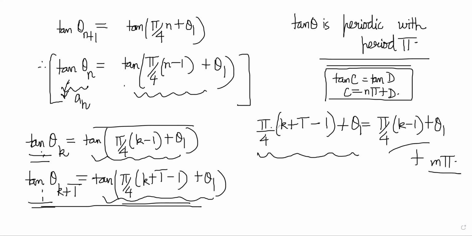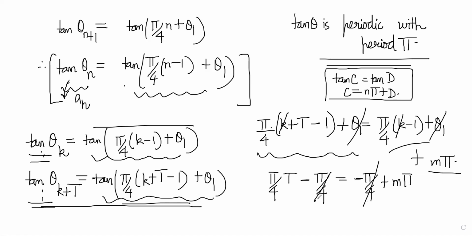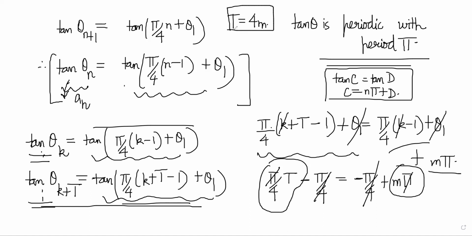Now you can see easily that pi by 4 k gets cancelled, and similarly theta 1 gets cancelled, and you are left with pi by 4 t minus pi by 4, and minus pi by 4 also gets cancelled, minus pi by 4 plus m pi, right? Minus pi by 4 gets cancelled, and from here pi by 4 t is equal to m pi, and pi can get cancelled, and you're getting t should be equal to 4m, right?